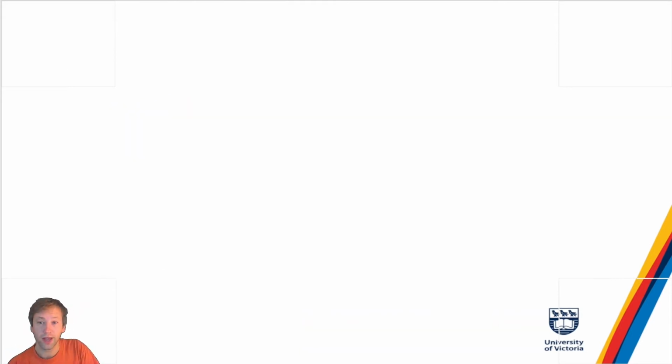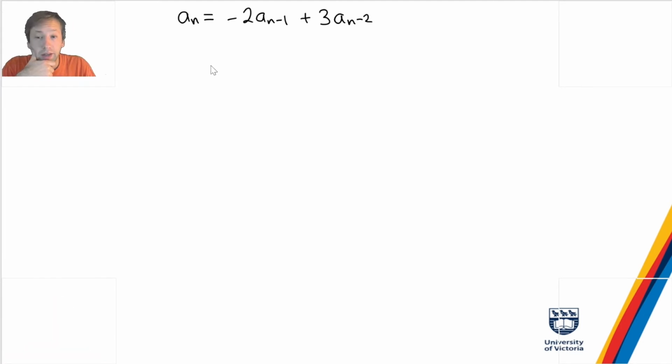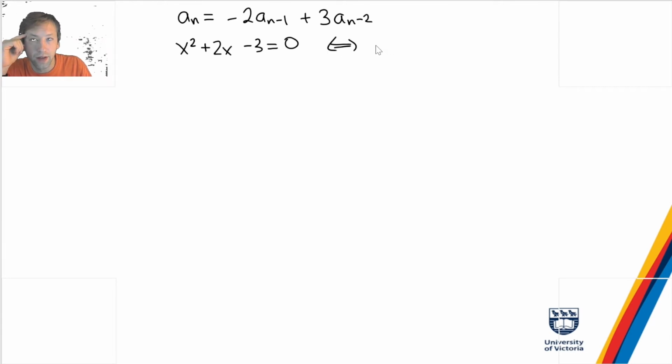So let's suppose that our recurrence relation is a_n equals negative 2 a_(n-1) plus 3 a_(n-2). So our characteristic equation is going to be x squared plus 2x minus 3 is 0. This factors as (x plus 3)(x minus 1) is 0.